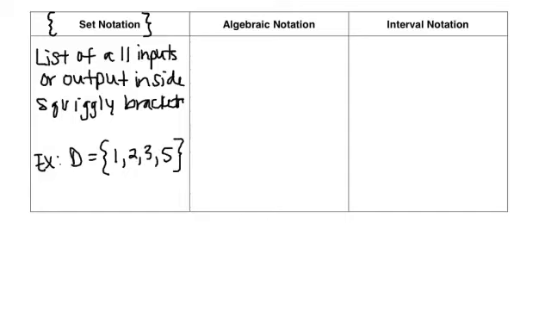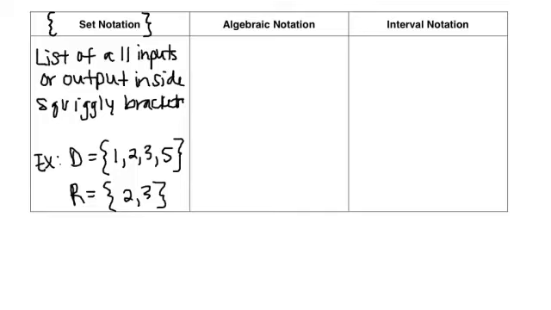So that just tells us that the domain is 1, 2, 3, and 5. We can also do the same for the range. So the range or outputs are {2, 3}. So again, set notation, we're looking at squiggly brackets and we're just listing the domain and the range. This is usually used if we're just given specific points and we don't have a full graph that is connected or continuous.